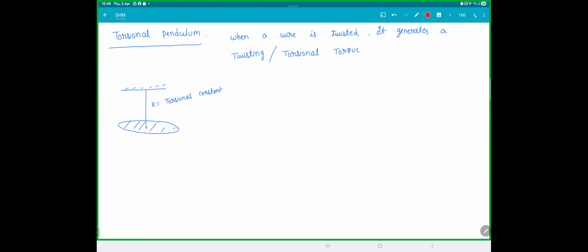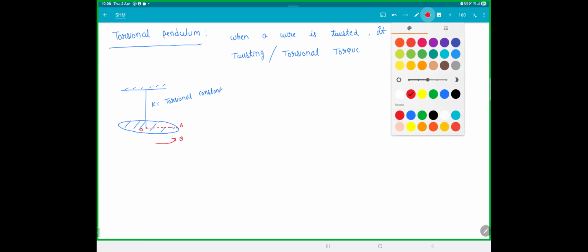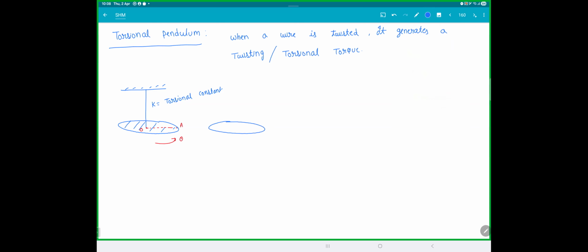So if this is O and this is A, now if you twist this by theta, the wire gets twisted. This OA becomes something like this. So this generates a torque.